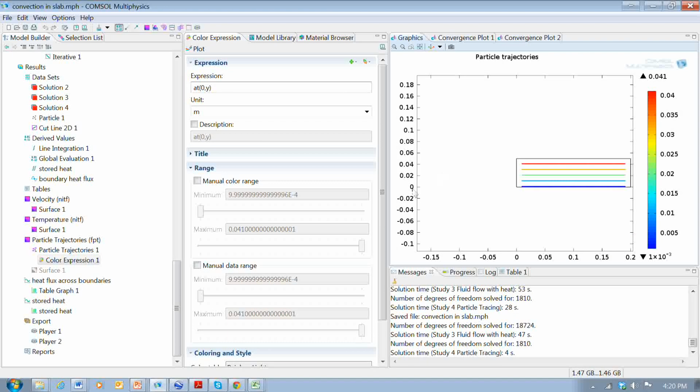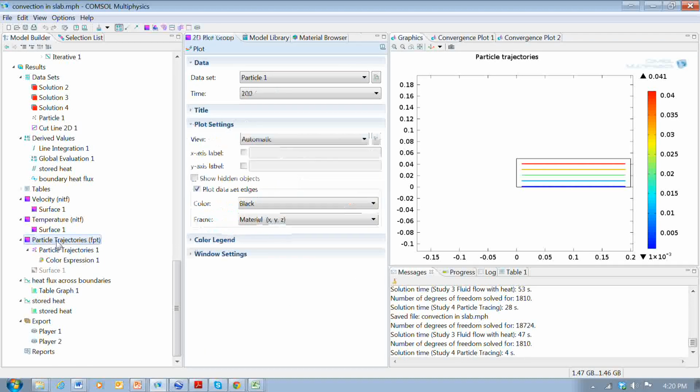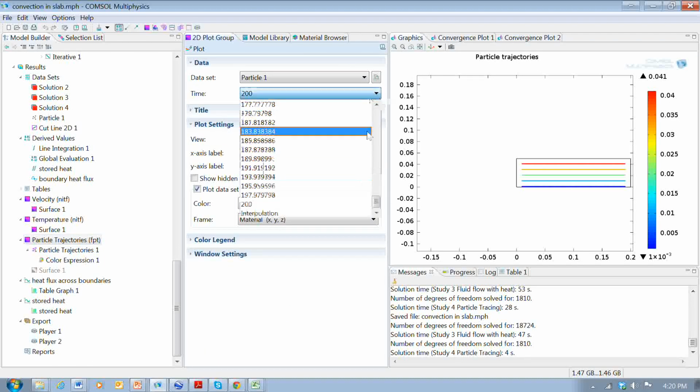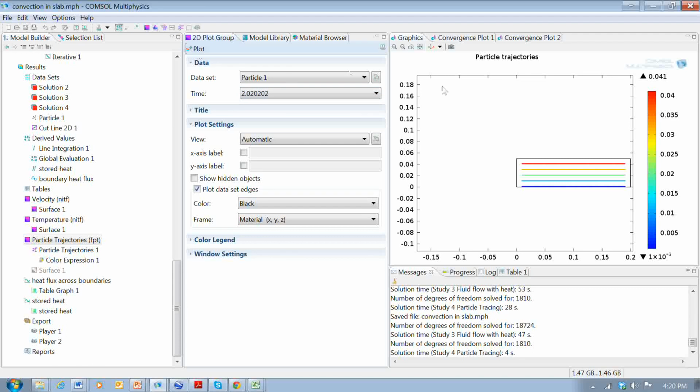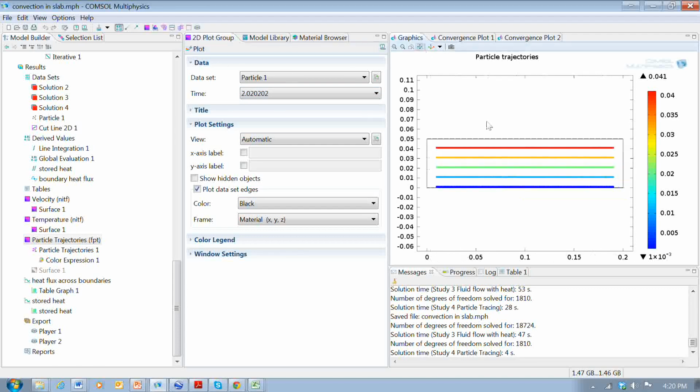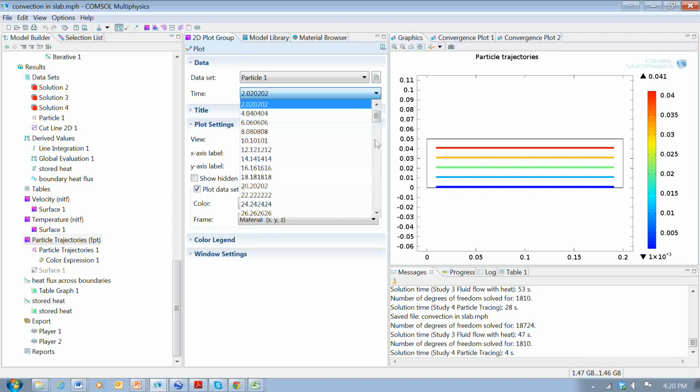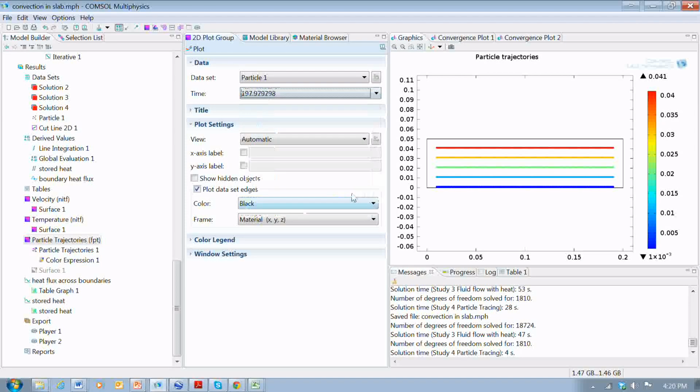And let's see, here's what they look like at the beginning. And 200 seconds later, here's what the particles look like.